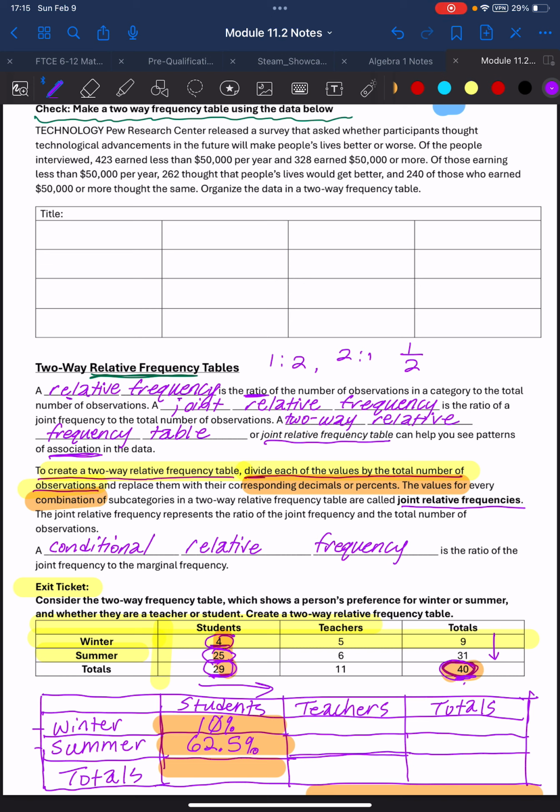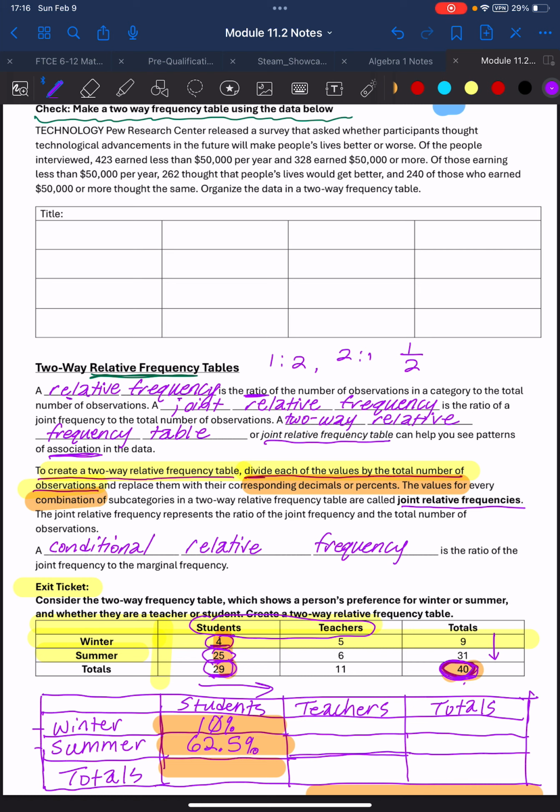So we're taking the data for all of them, right? This is both the students and teachers. And we want to know what percentage of just the students alone, out of students and teachers, likes winter and summer. So that's why we're dividing by 40.